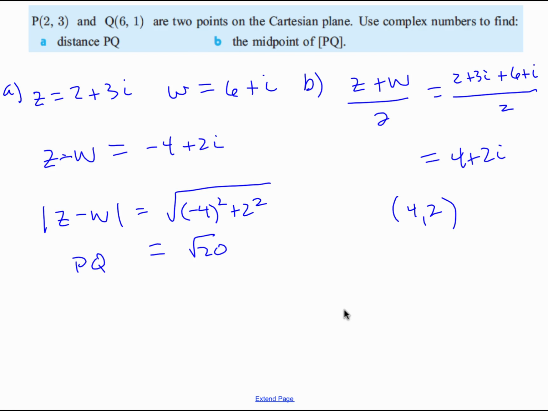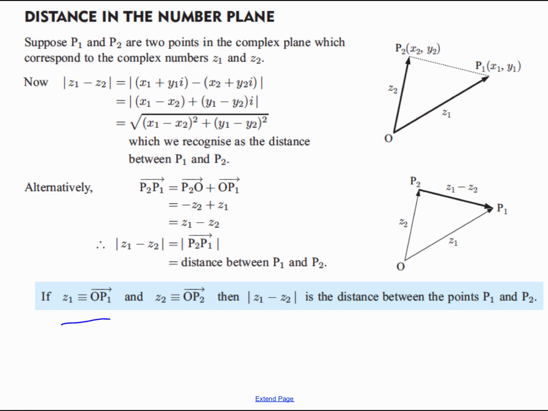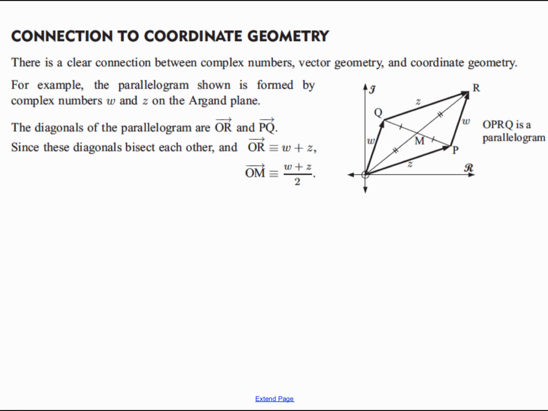For the sake of time, I skipped ahead just to show you the work, because the work is very simple. It just comes down to the connection between coordinate geometry and distance in the number plane using complex numbers, using this formula, modulus of z1 minus z2 is equal to modulus of P2P1, the distance between P1 and P2.